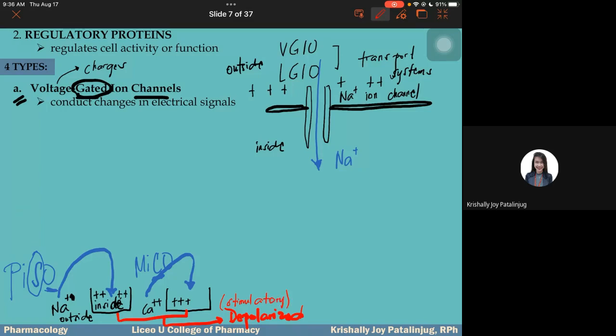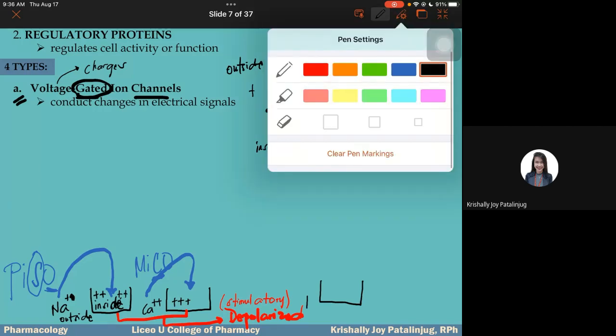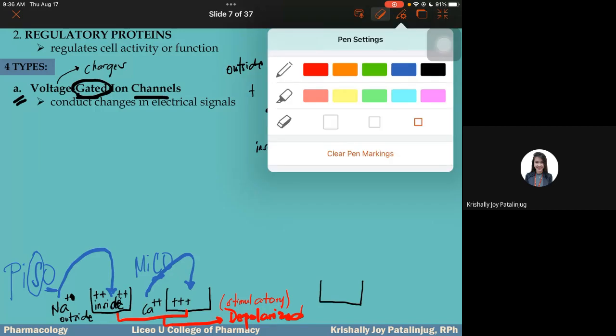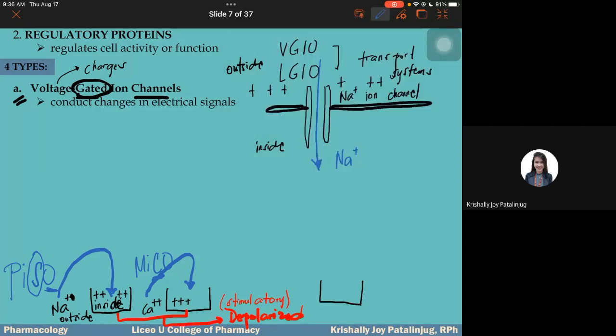So, the effect of the ion channel will actually depend on what ion gets in or what ion exits the cell. Let me give you another example. Let's say potassium. Before I write it, I will ask, potassium ion is normally found where? Inside or outside of the cell? Yes, inside.